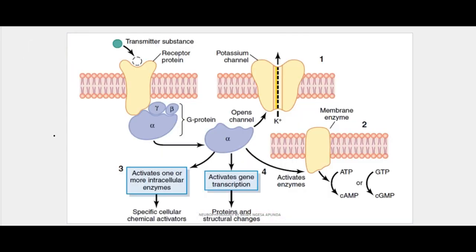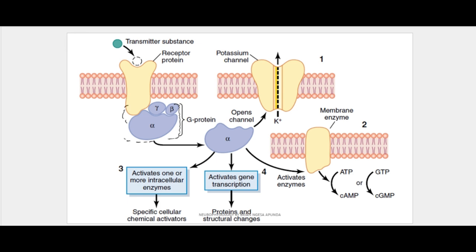So with more explanation on the image, consider this as a second messenger receptor, that for a cell or a neuron to experience a physiological activity, it depends on the activation of not this, but rather the second messenger system.